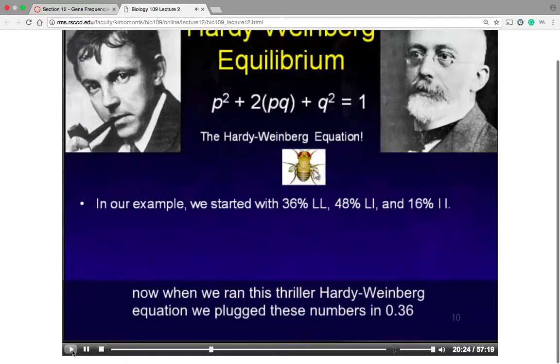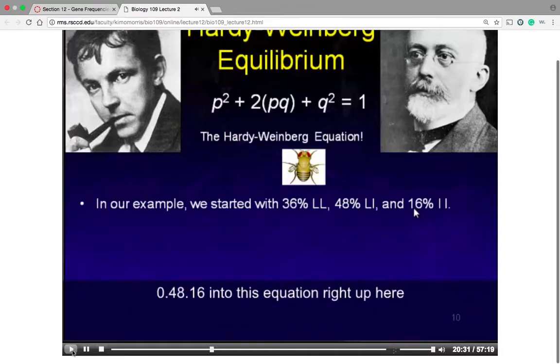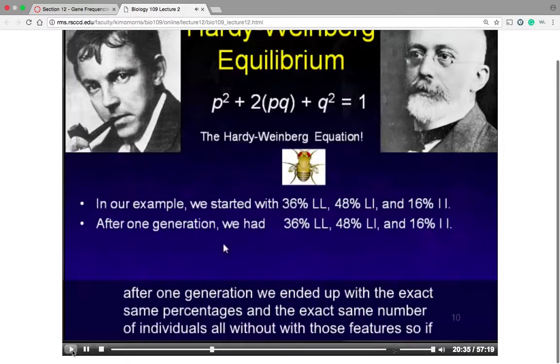Now, when we ran this through our Hardy-Weinberg equation, we plugged these numbers in, 0.36, 0.48, and 0.16 into this equation right up here. After one generation, we ended up with the exact same percentages and the exact same number of individuals with those features.